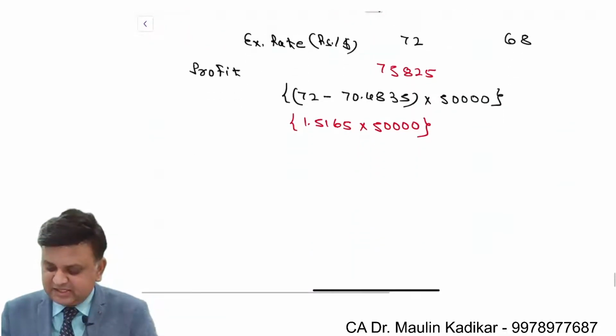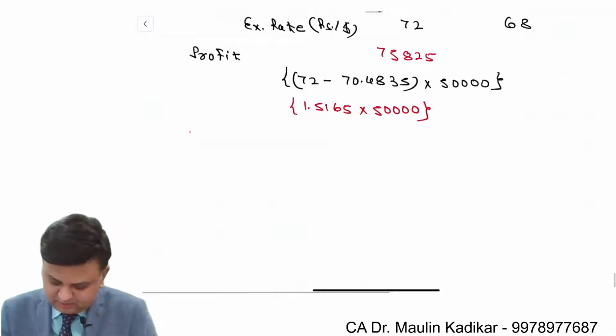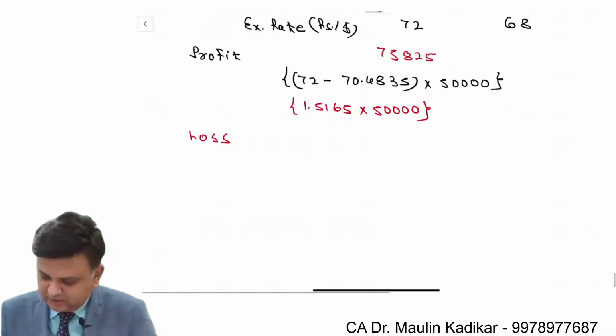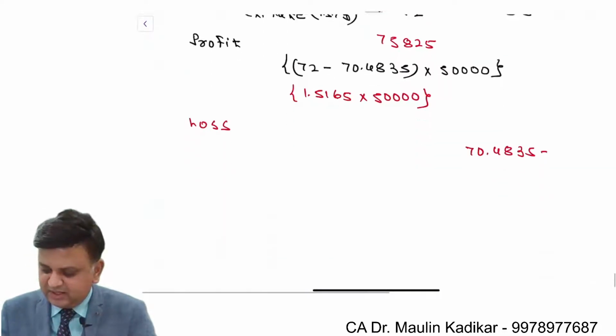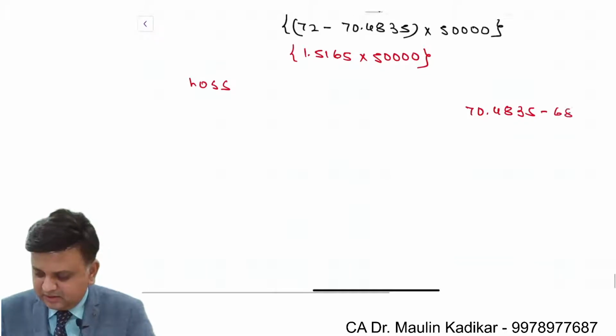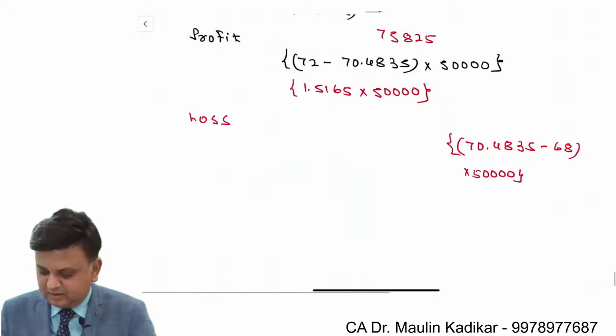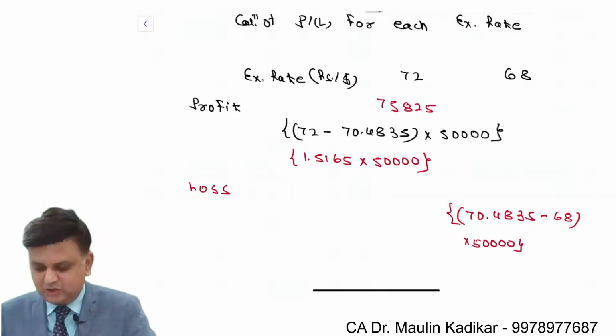In the second case, there will be a loss. That is, 70.4835 is the rate at which you have to buy it instead of 68. So you have to purchase it at a higher rate. So 70.4835 minus 68 into 50,000.